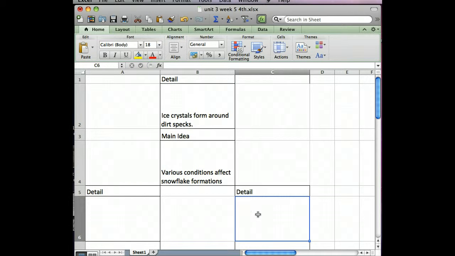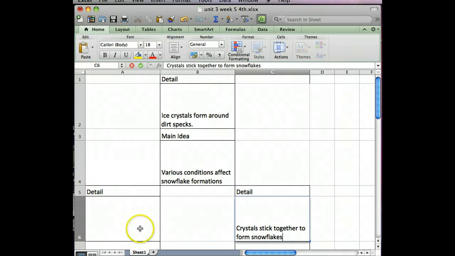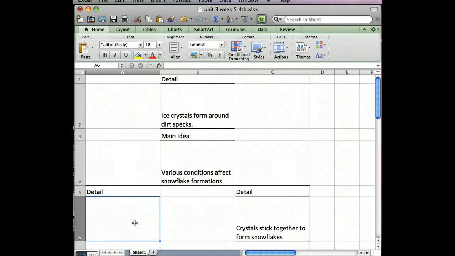And I also know that crystals stick together to form snowflakes. To find that last detail, and of course that detail is going to be about temperature because I gave you that clue, let's continue to find that final detail of what condition helps snowflakes form.